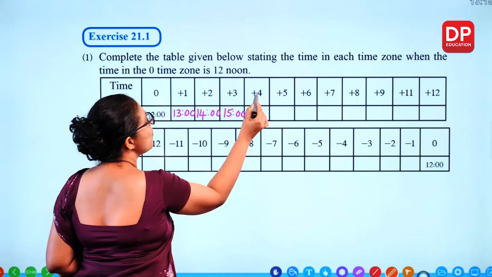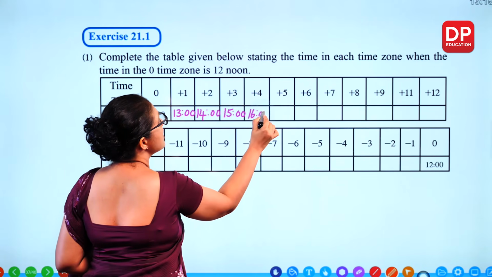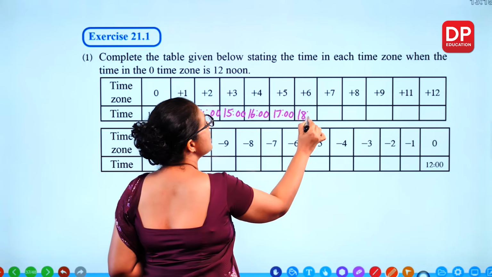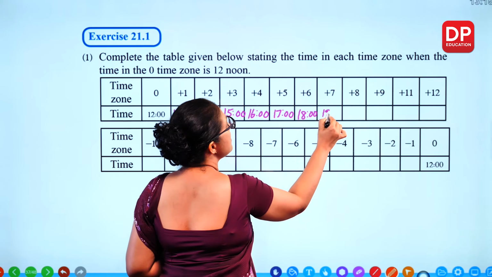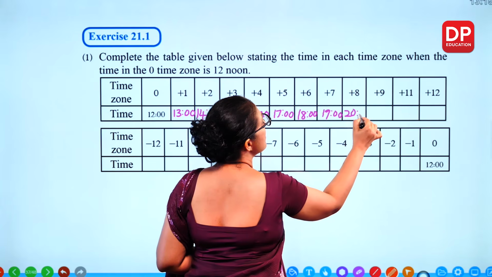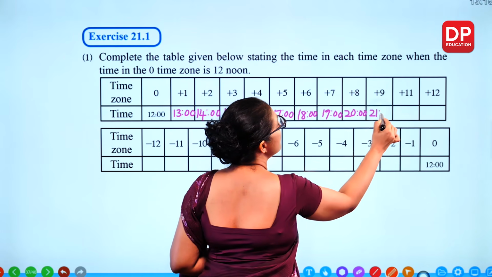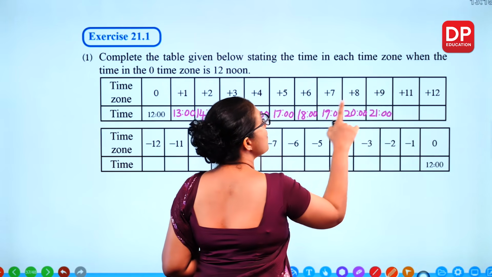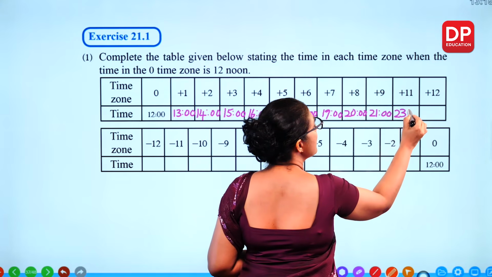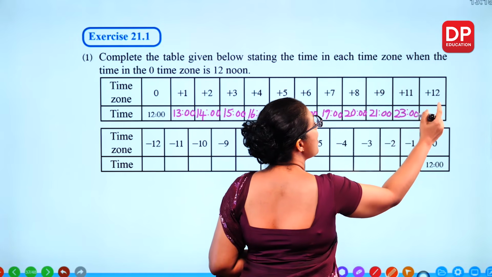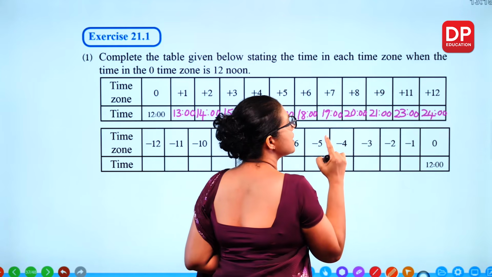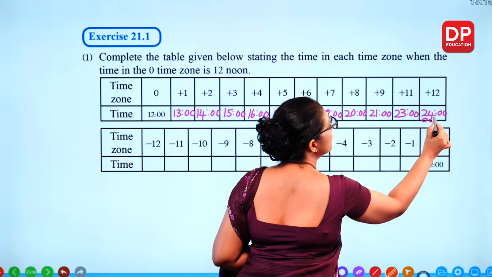So you have to add 1 to that. 16, 17, 18, 19, 20, 21. Now look at this one. Plus 2, 9 to 11. So you get 23 now. And then one more, 24. 24 means midnight, 0 time.